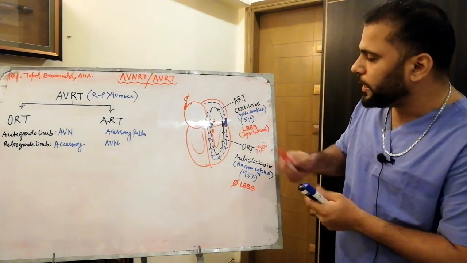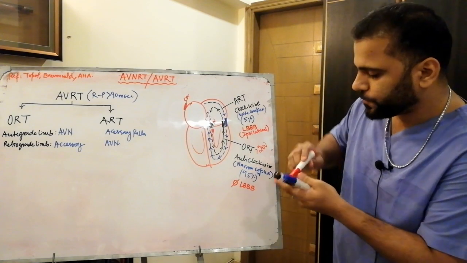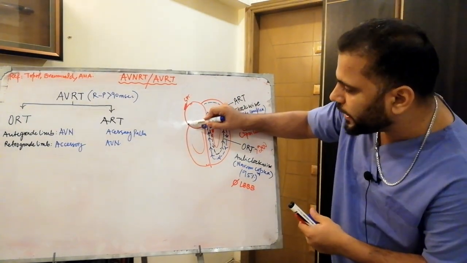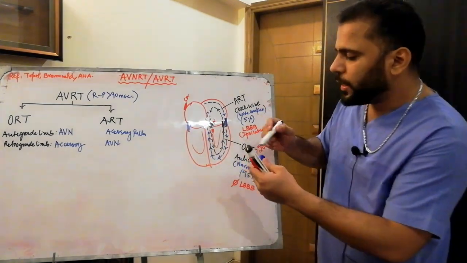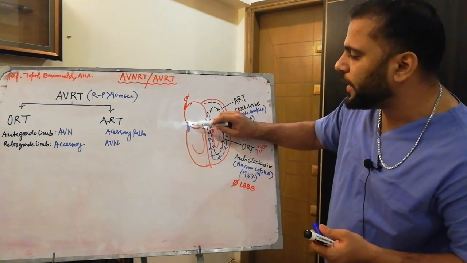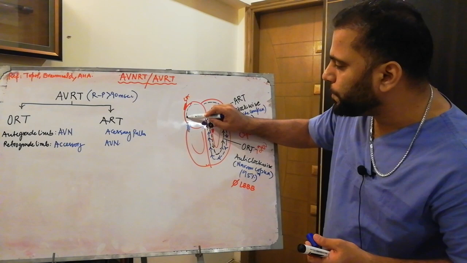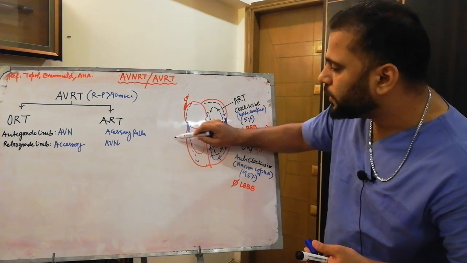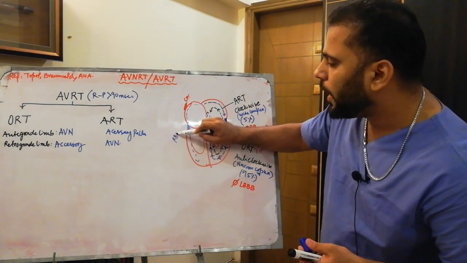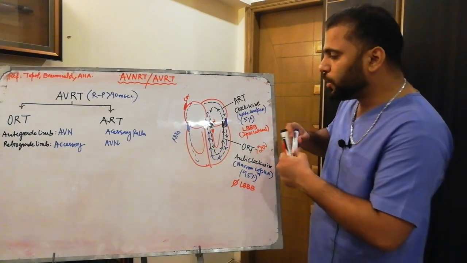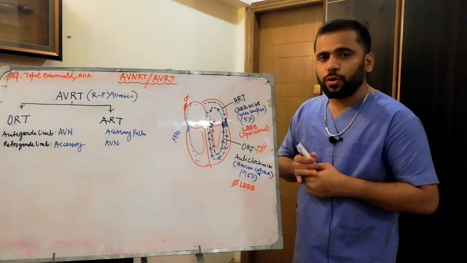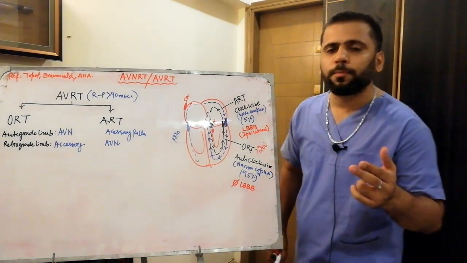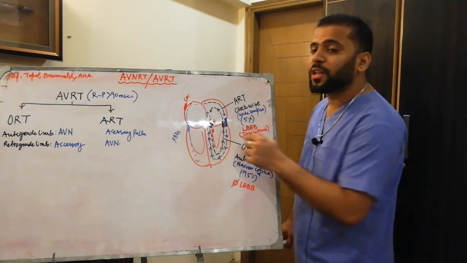Suppose this patient has an accessory pathway between the right ventricle and the right atrium, and the impulse is going down through this, then your patient would have an RBBB. So just remember that in ART you will have a bundle branch block ipsilateral to the accessory pathway. Why?